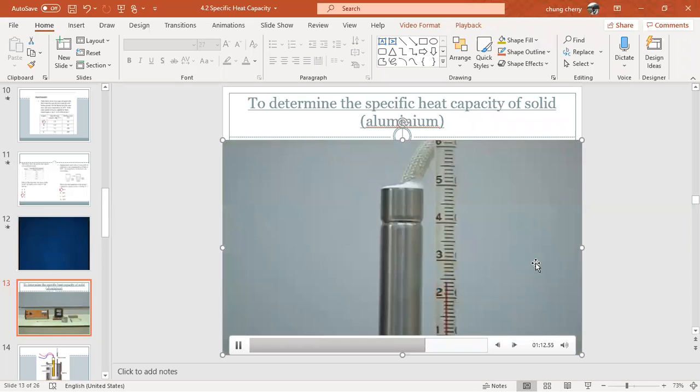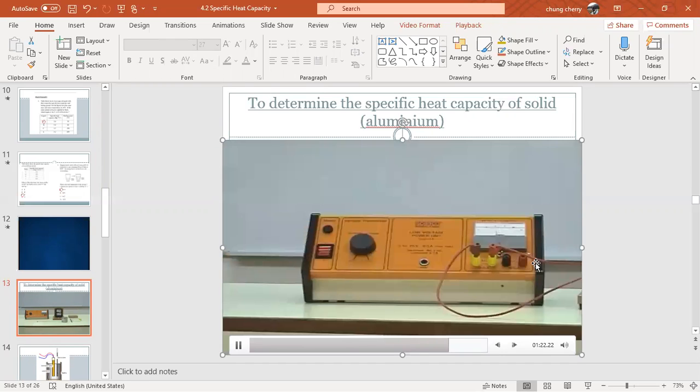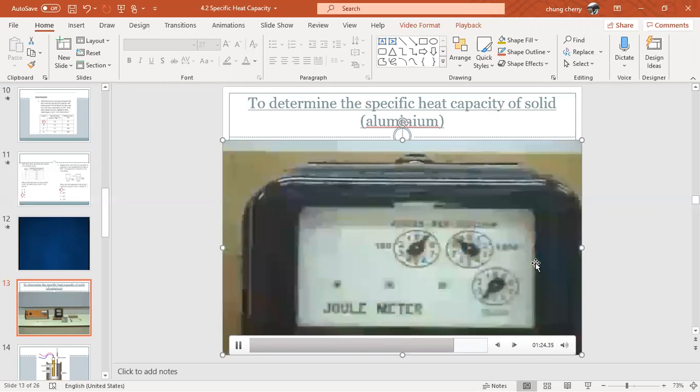We heat up until a certain temperature, maybe 10 degrees Celsius. Then we see the time taken to heat up. Record the joule meter reading again. Then use the recorded data to calculate the specific heat capacity of aluminium.